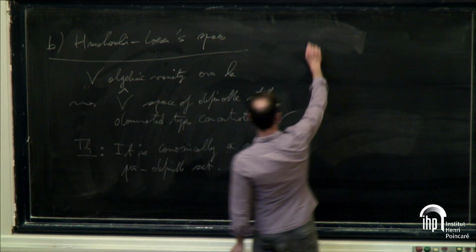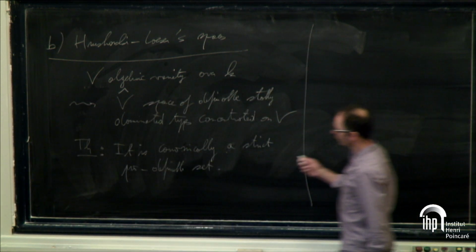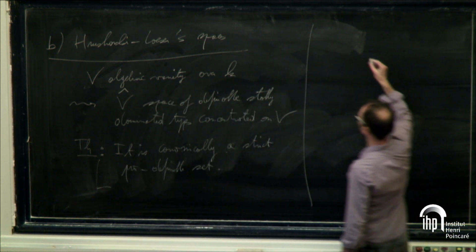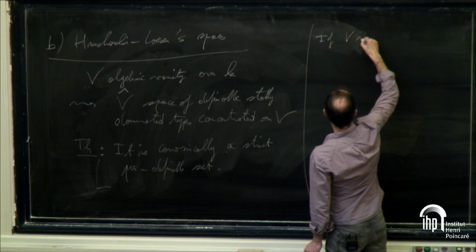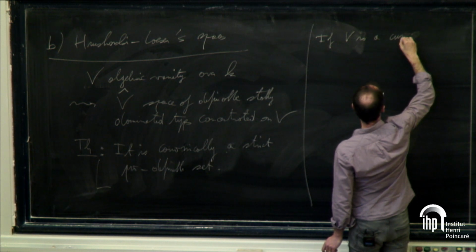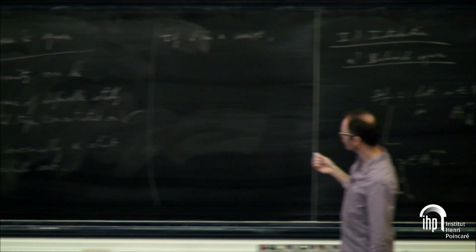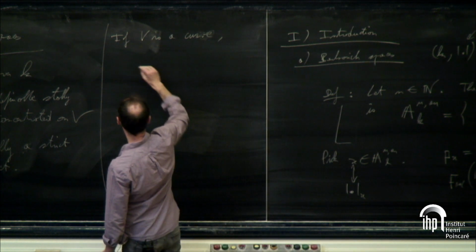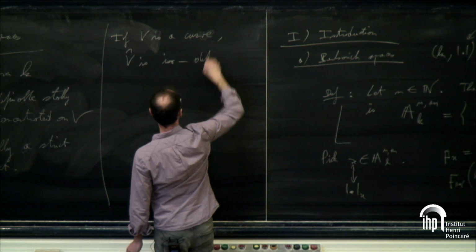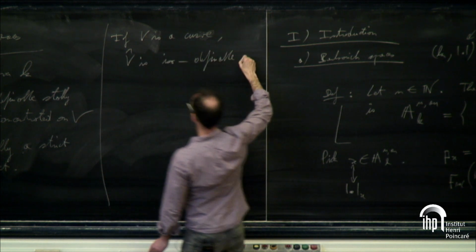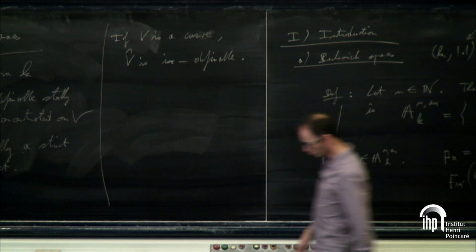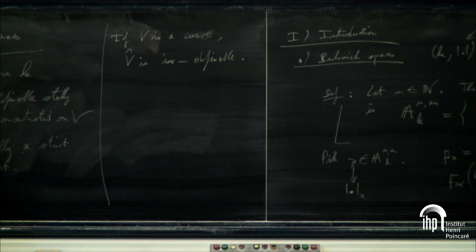Okay, and in the case of curves, which is what I will be interested in now, if V is a curve, of course you have more tools to investigate your space, and they prove that it is actually not only pro-definable, but in some sense definable, or more precisely iso-definable, which means that the maps in your projective system become bijections at some point.